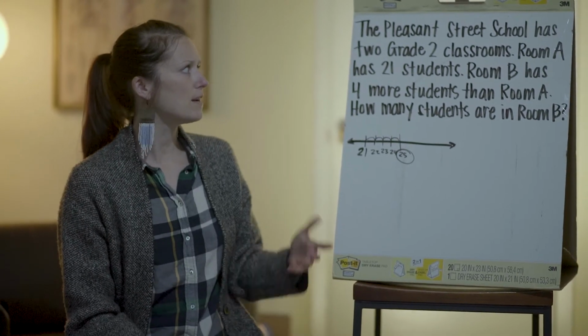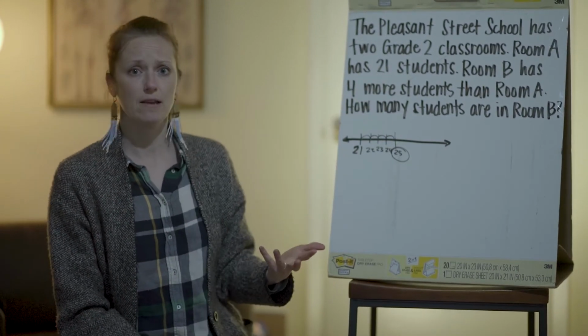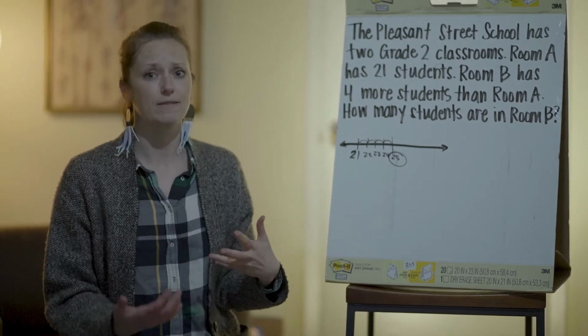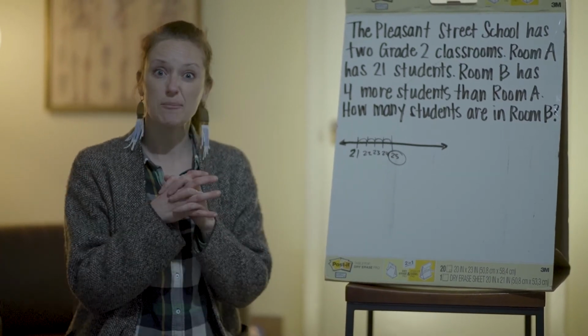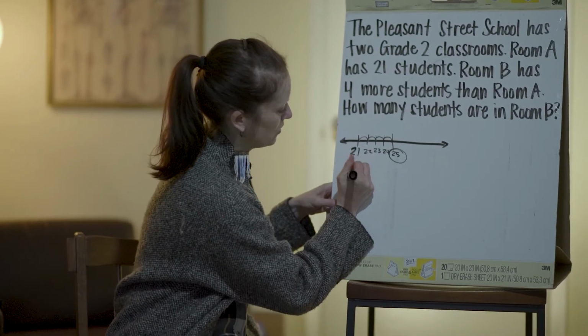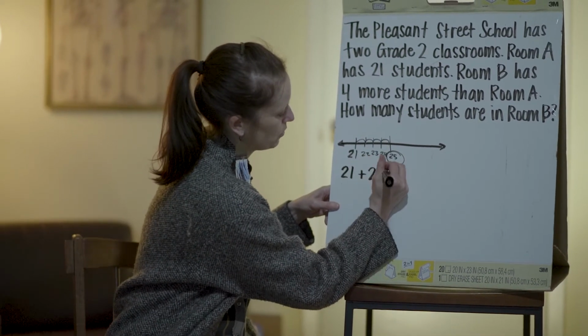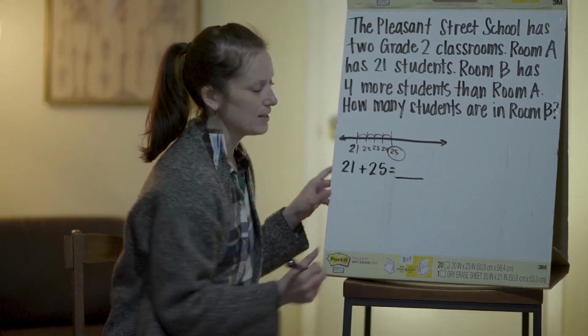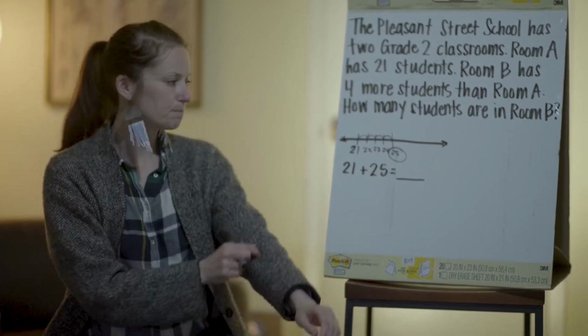Well, if we know that there are 21 students in Room A, and we now know that there are 25 students in Room B, we're going to need to combine them together, aren't we? So we could say that 21 plus 25 is the problem that we're going to be solving today.